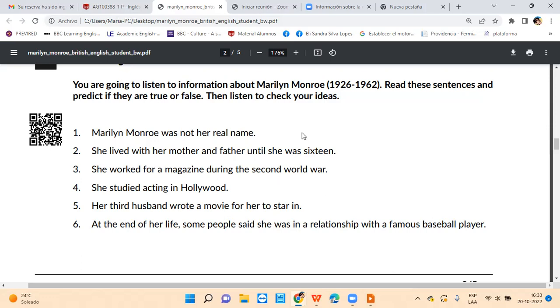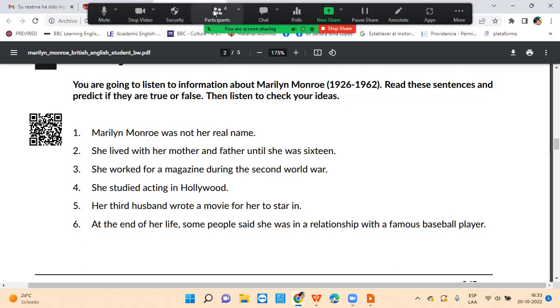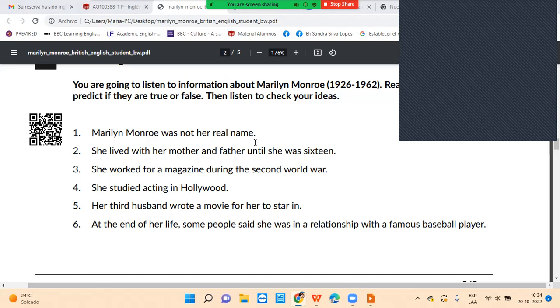Okay, which of these sentences do you think are true? Do you understand my question? Which ones, Catalina, do you think are true? One. Okay. Any other one? Maybe 2.